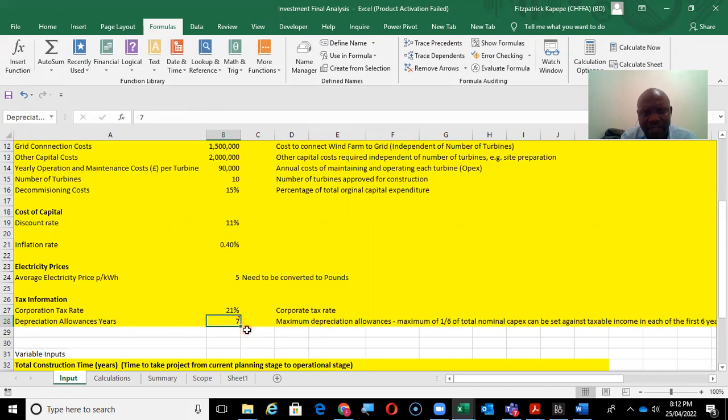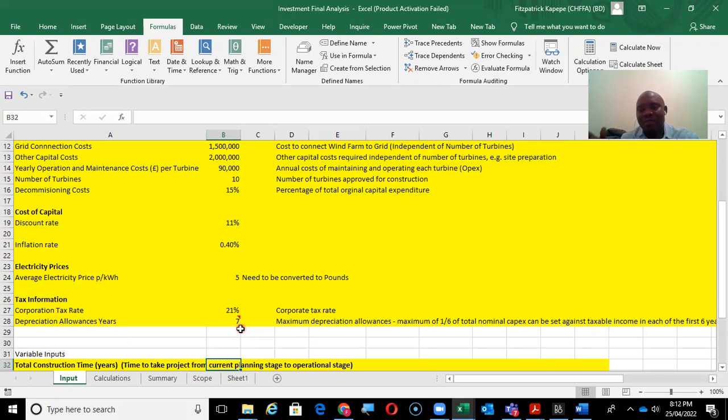I don't know why you changed this, because depreciation is actually computed on the active assets, not lazy assets. What you have been given for this project, to install all the 10 turbines and commission the project, will take 2 years.